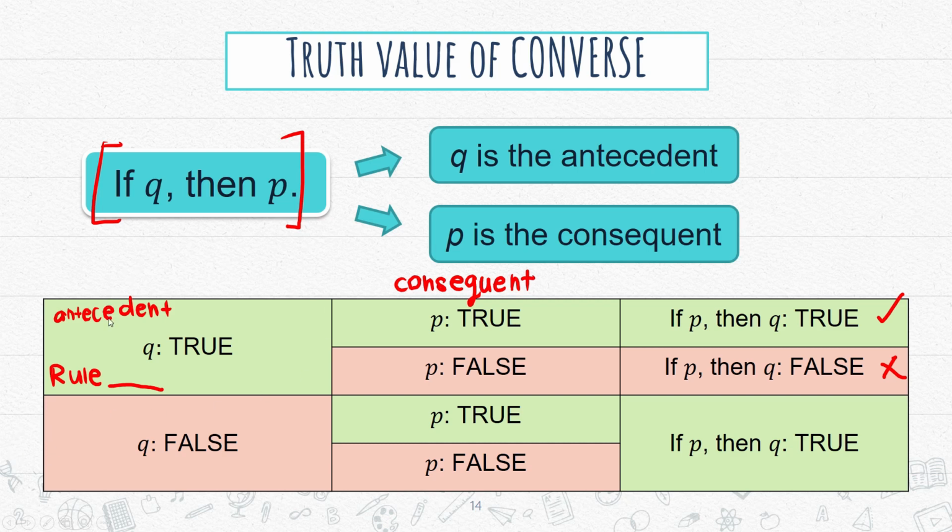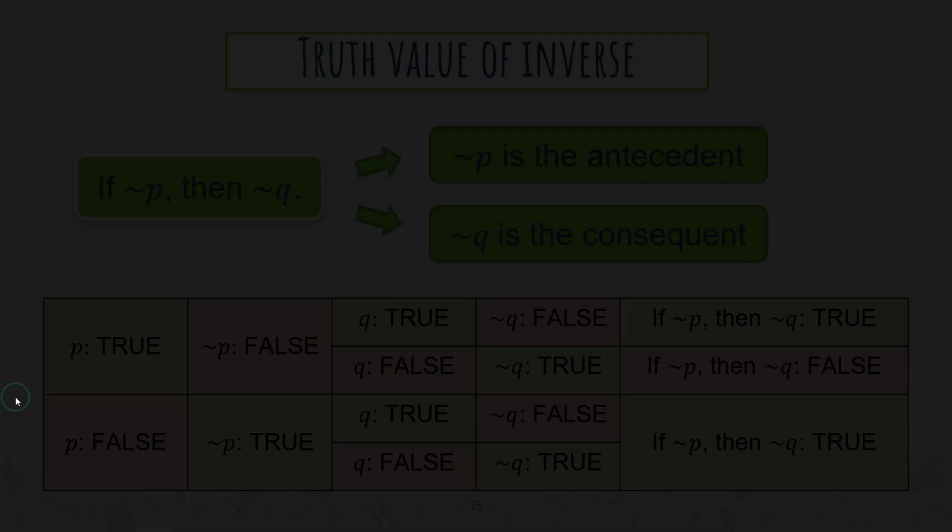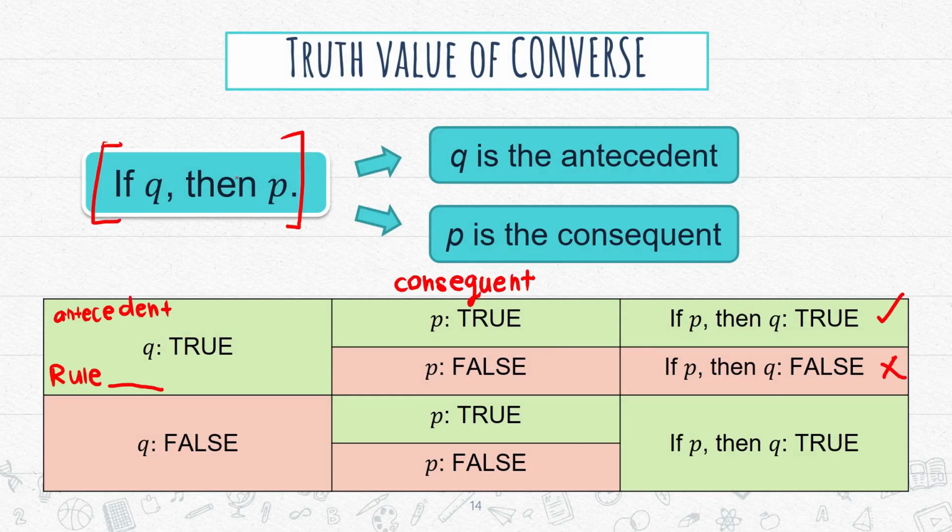Okay, from this first row, if the antecedent is true, then the consequent is true, the whole implication is true. Is this rule number 1 or rule number 2? Number 1. Correct, this is rule number 1.